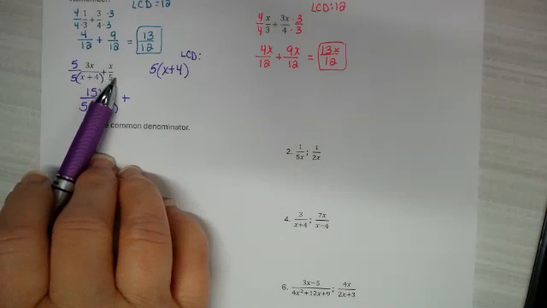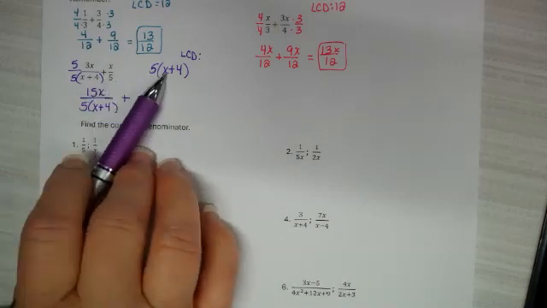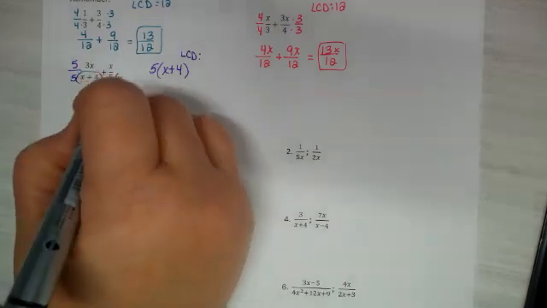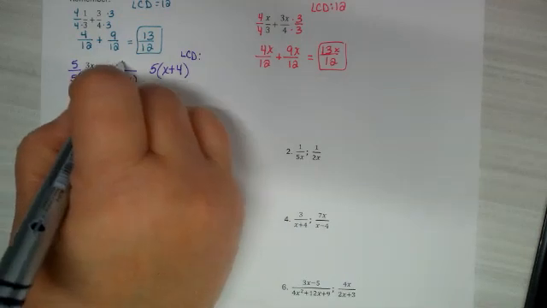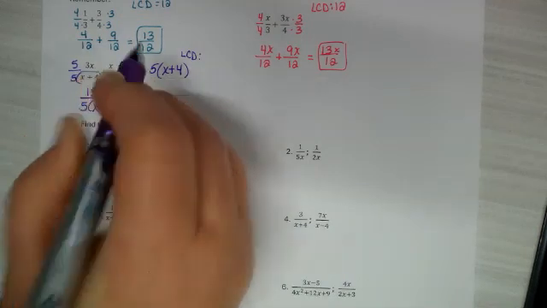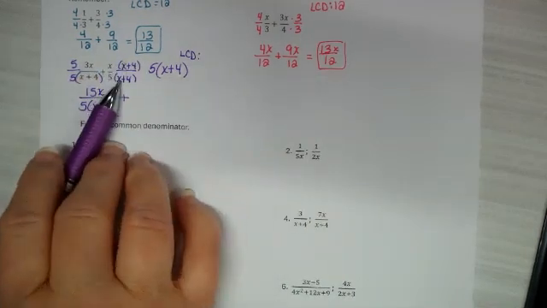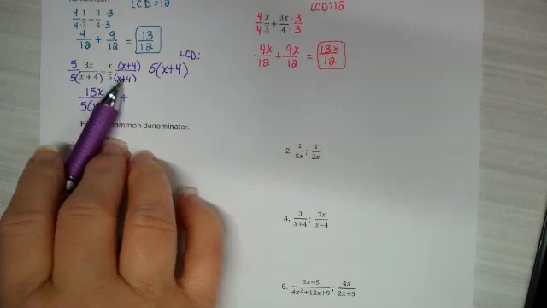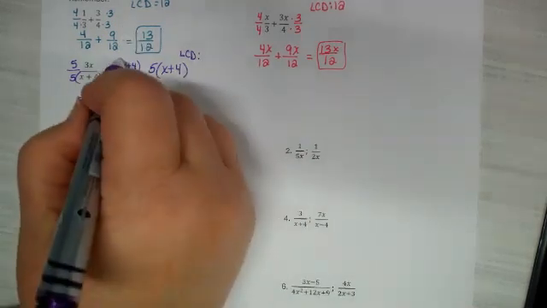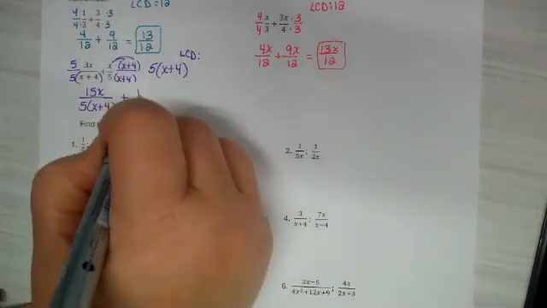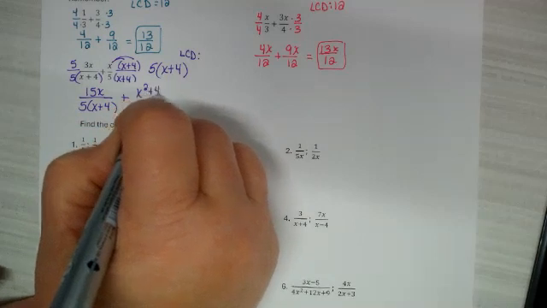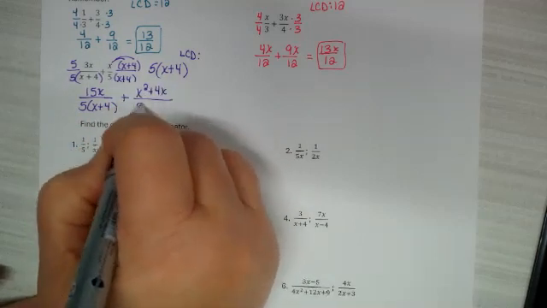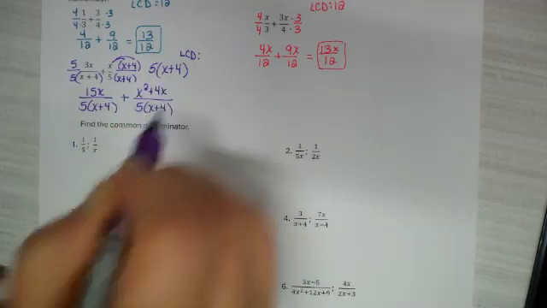On my second fraction, I have the 5, but I need x plus 4 to make my denominators match. So whatever you multiply by on the denominator, you also multiply on the numerator, the x plus 4. So when I distribute this x, my numerator becomes x squared plus 4x over my denominator, 5(x plus 4).